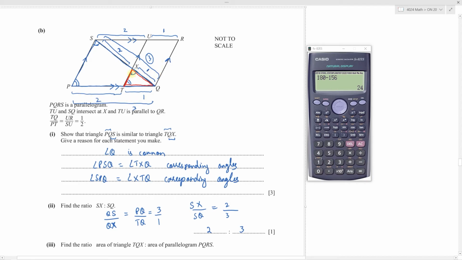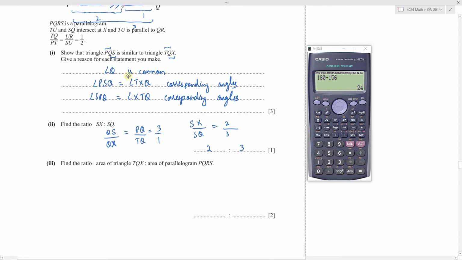Since we don't have any relation between this triangle and the larger parallelogram, we can find the ratio of the area of this smaller triangle and the area of this larger triangle, because we know that these two are similar. And then the area of the parallelogram is simply 2 times the area of this large triangle PQS, because there are 2 such triangles.